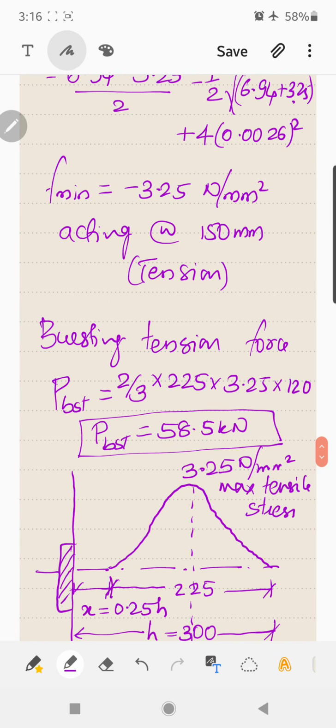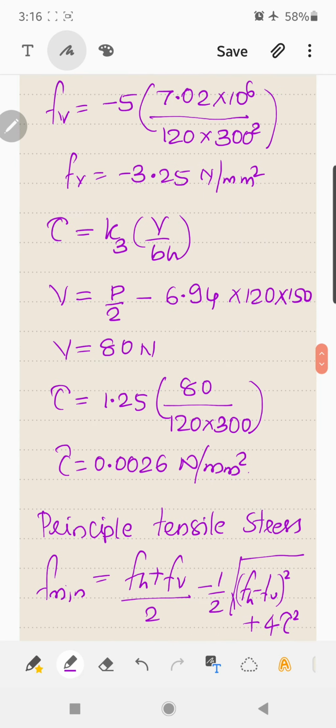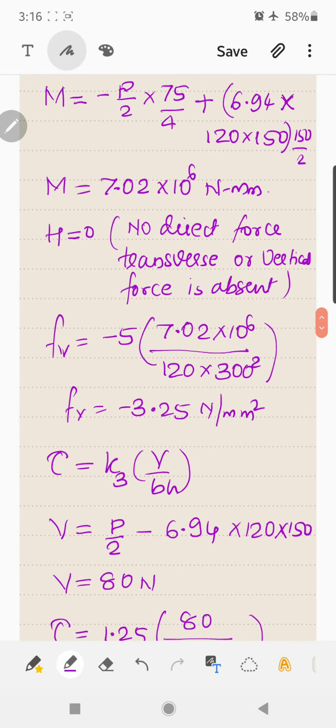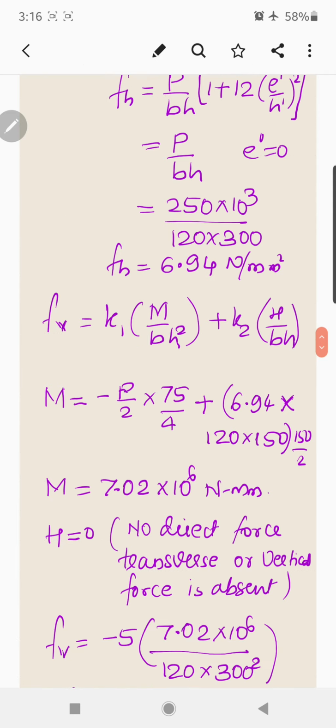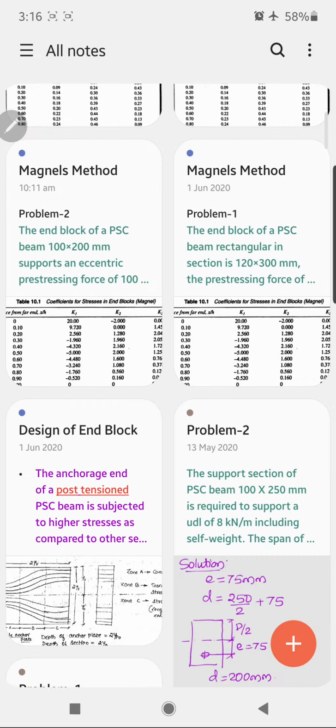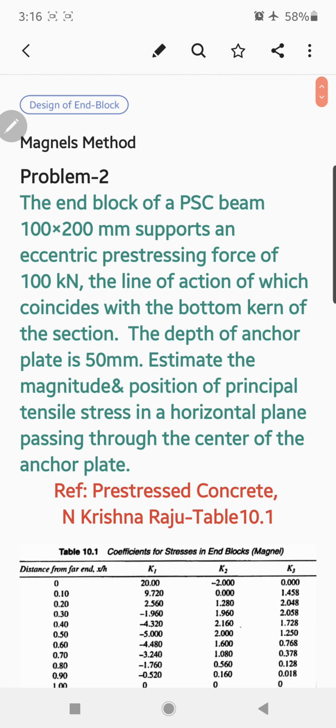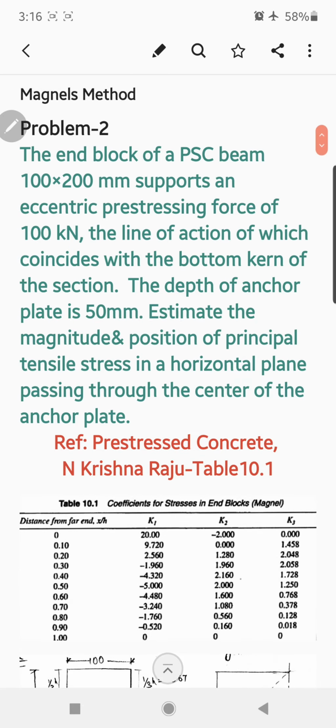Now this is the problem for concentric anchor plate, the first problem on Magnel's method. Now we will take another problem on Magnel's method with eccentric anchor plate. So this is the second problem with eccentric anchor plate. The size is 100 by 200 mm rectangular.